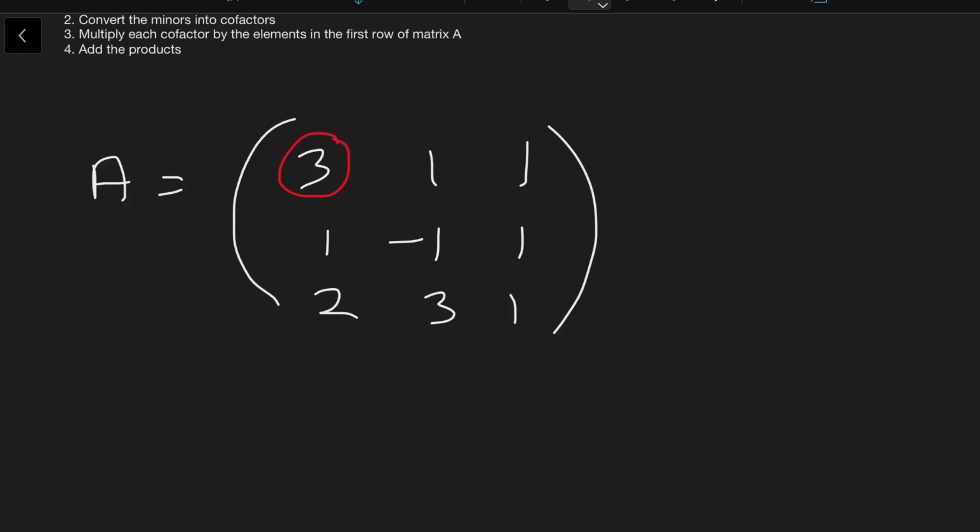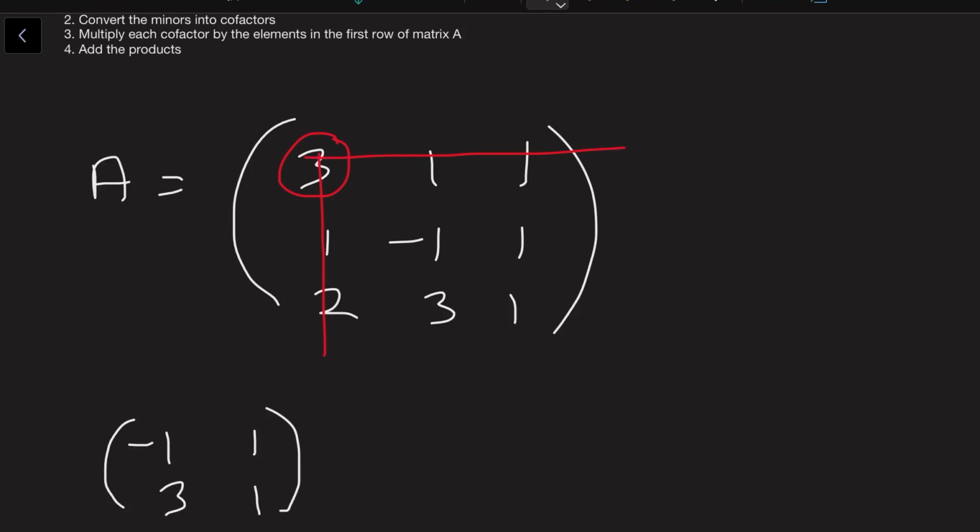We are then going to ignore all the elements that are in the row with that chosen element. We are also going to ignore all the elements in the column with that element, and we are left with a 2 by 2 matrix. So we're going to write this down: 2 by 2 matrix, so that's minus 1, 1, 3, 1.